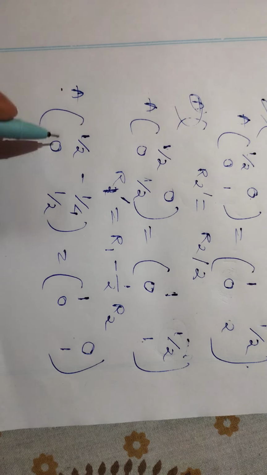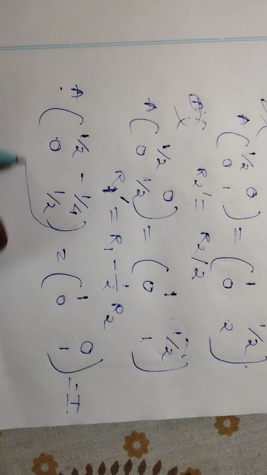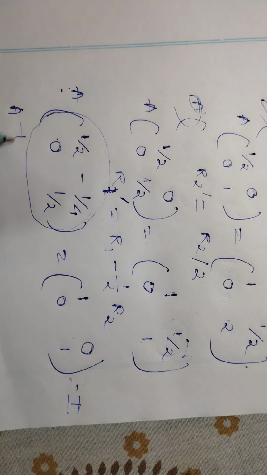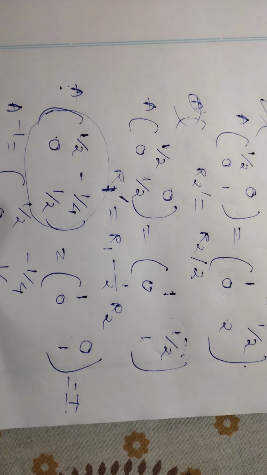So A into this matrix is identity matrix. So this transformed matrix will be the inverse of A. So A inverse will be half, minus 1 by 4, 0 and half.